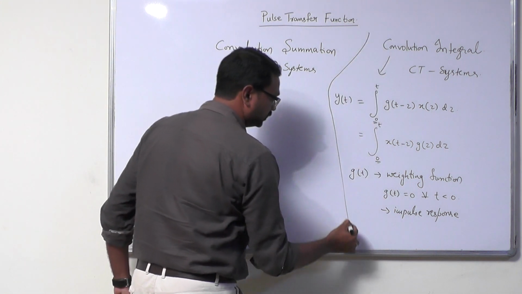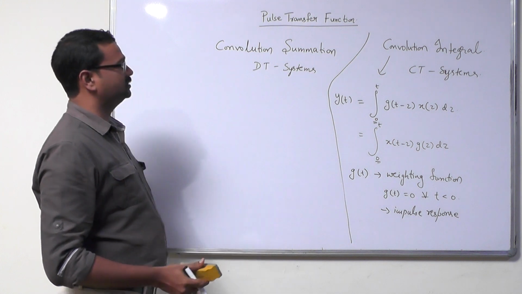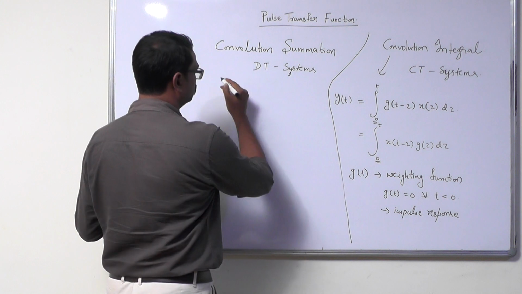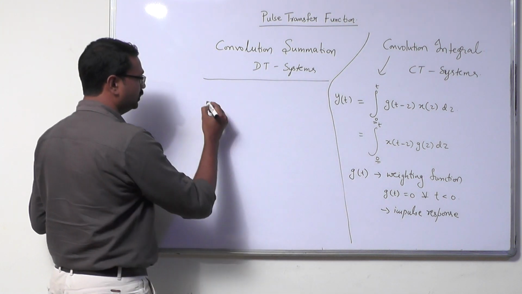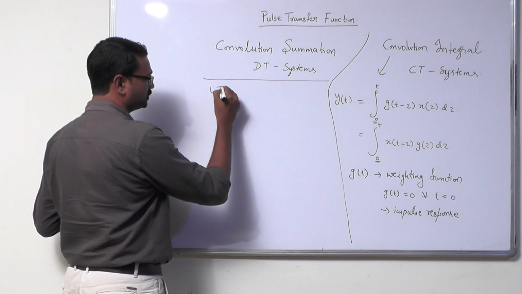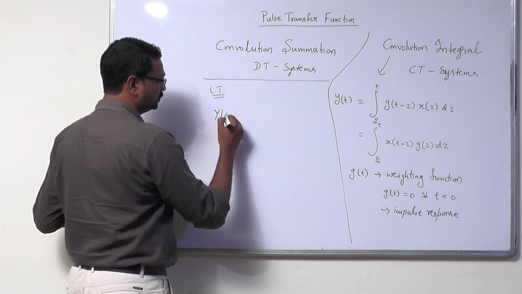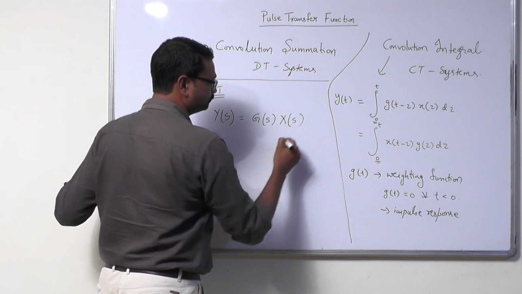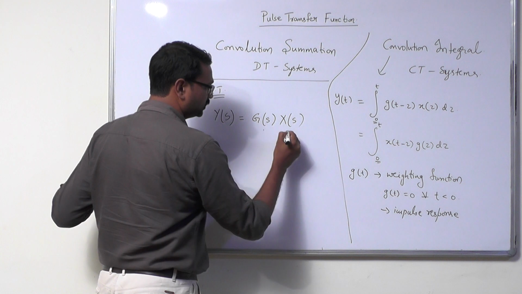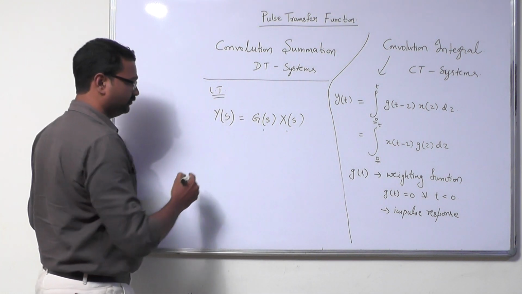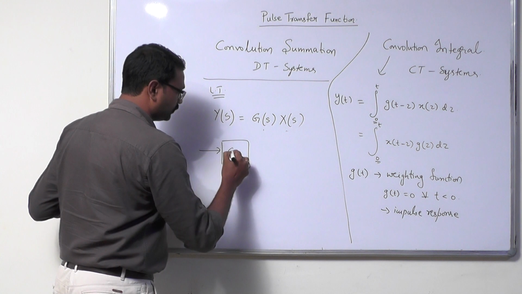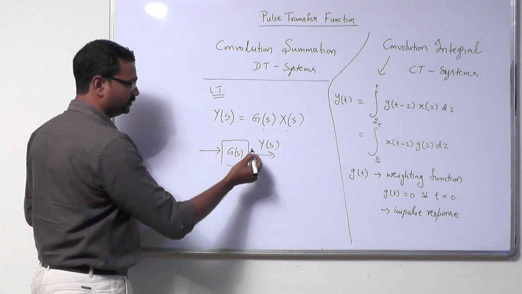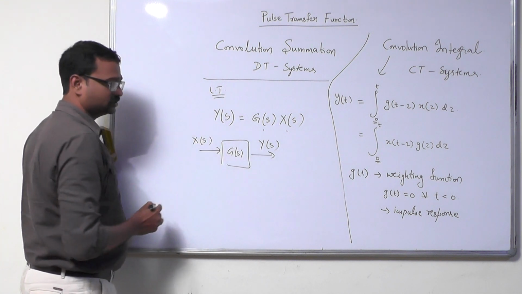If you apply Laplace transforms to this convolution integral, then y of s is equal to g of s into x of s. It is a direct multiplication of g of s and x of s, for the plant g of s, the output y of s for any input x of s.